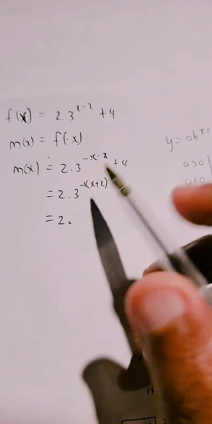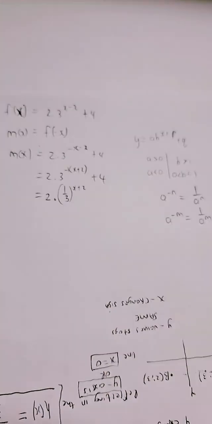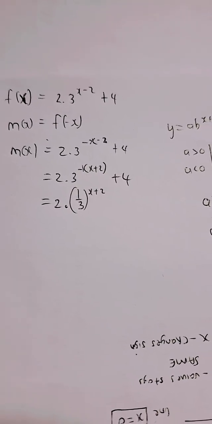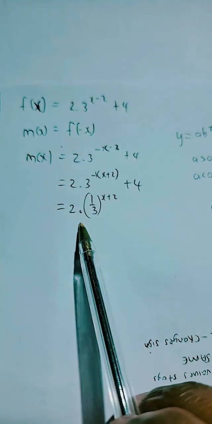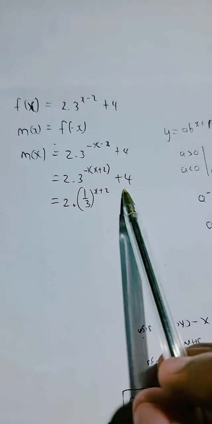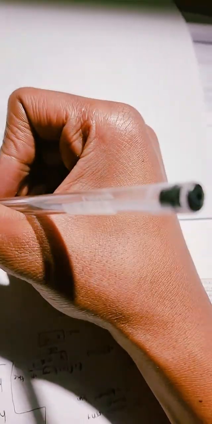Okay, so 3 to the power -1 can be written as 1 over 3. Then you can write it to the power x plus 2. Does that make sense? So 2 times 3 to the power -1 can be written as 1 over 3 to the power x plus 2, plus the 4.